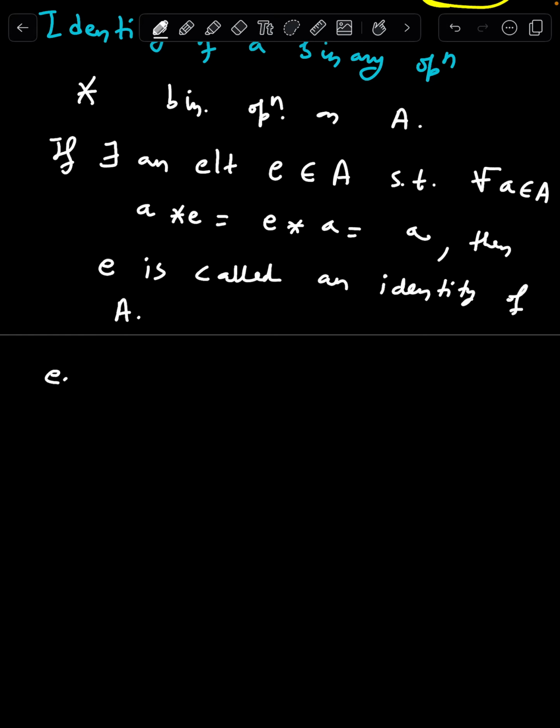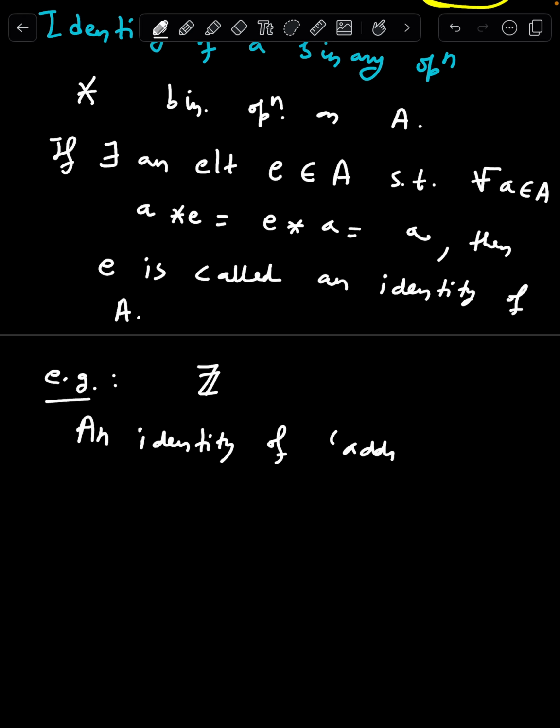Example. So take Z and binary operation take plus. So an identity of addition.